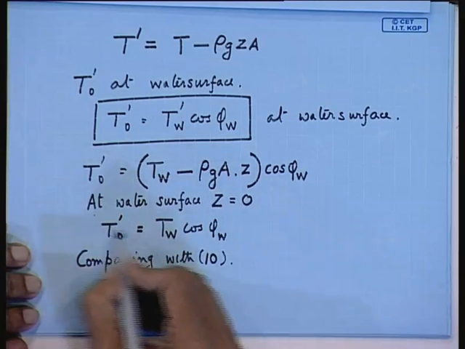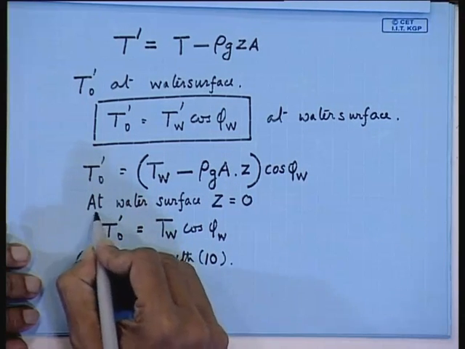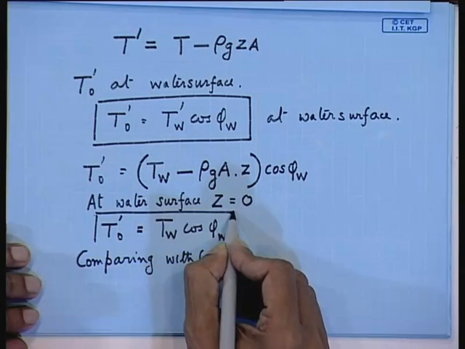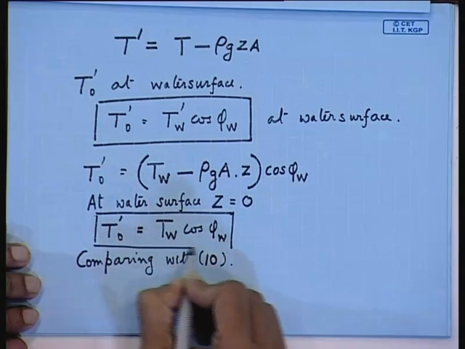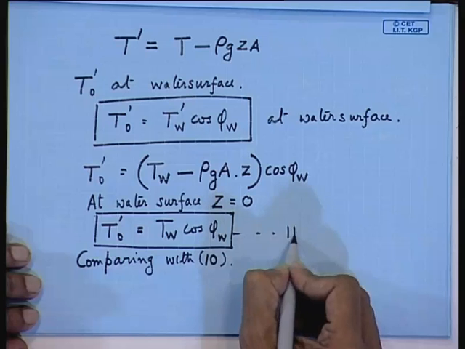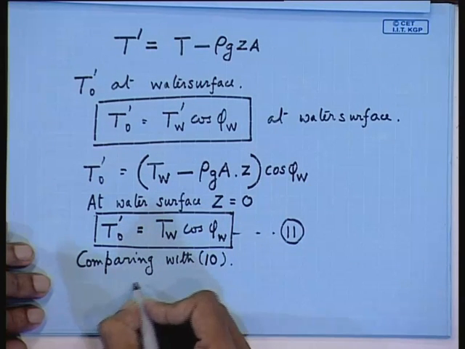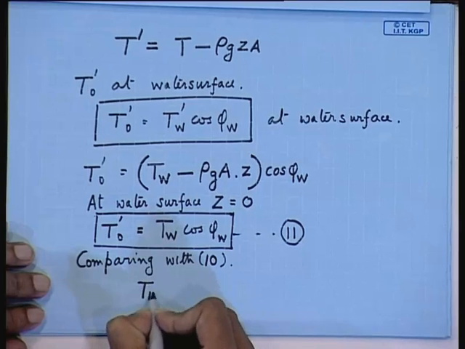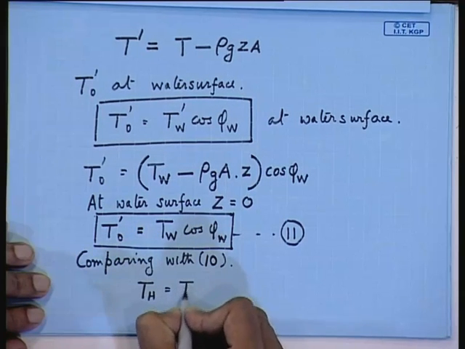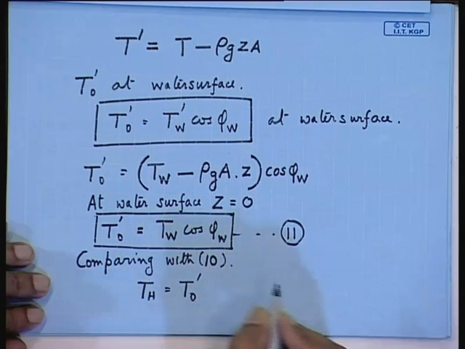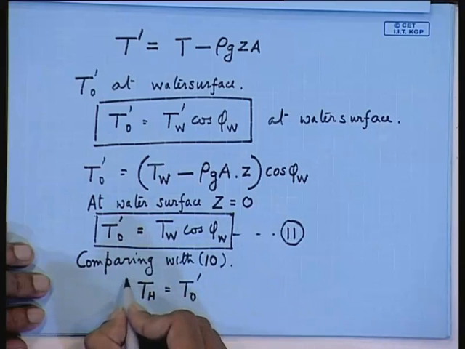So you write this as 11. Comparing with 10, we get TH equal to T prime naught.